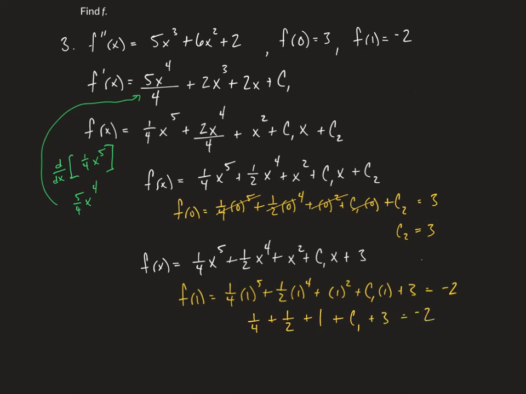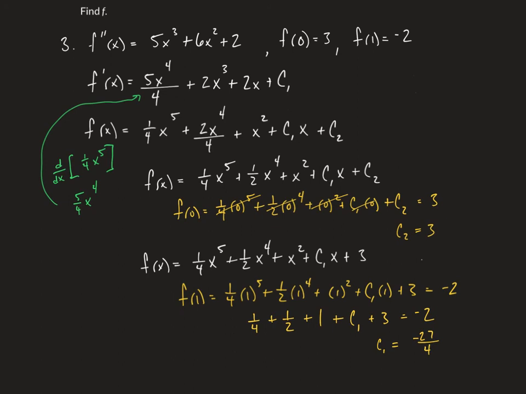And you could add all those fractions together. You'd want to get a common denominator and subtract them from both sides. I'm just going to show you what this would end up becoming just to prevent this video from getting too long. But once you combine all of these under a common denominator, which is going to end up being 4, and get a common denominator here, you're going to find that that first constant is -27/4.